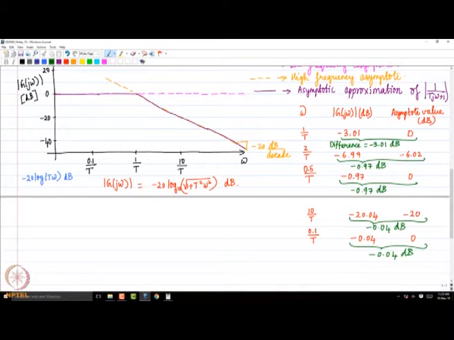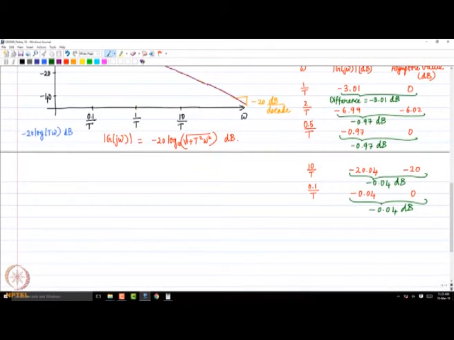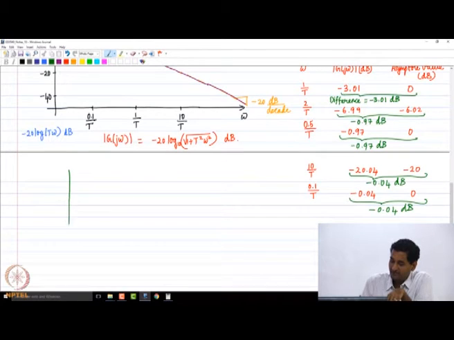Essentially you can see that you are going to get the maximum error at the corner frequency, and then the errors are going to just decrease. So if you plot the error versus omega, this is the error in decibels, okay.